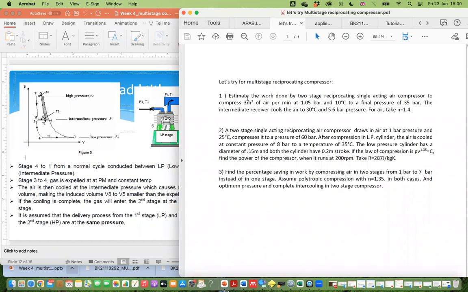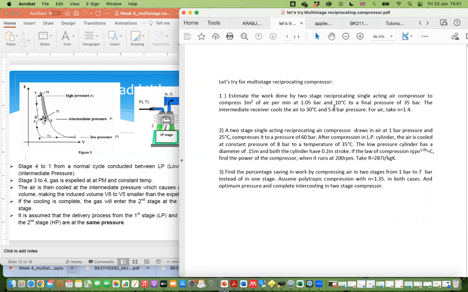So the first one is: estimate the work done by a 2-stage single acting air compressor to compress 3 meter cube air per minute at 1.05 bar and 10 Celsius to a final pressure of 35 bar, with the intermediate receiver cooling the air to 30 Celsius at 5.6 bar pressure.